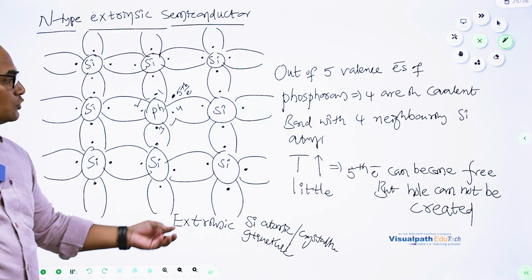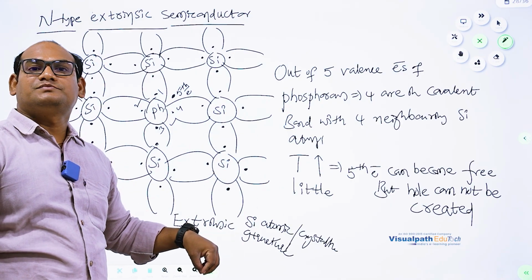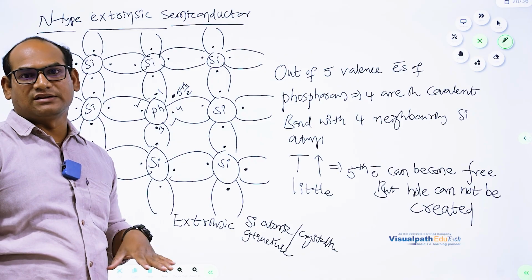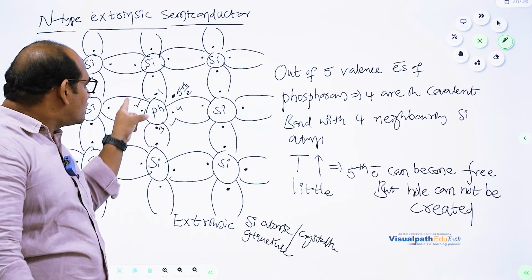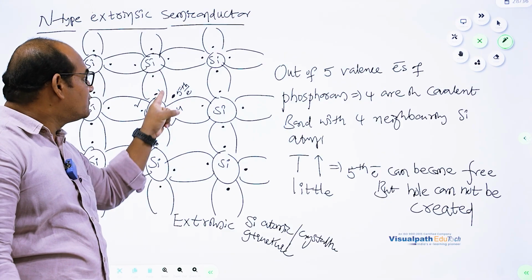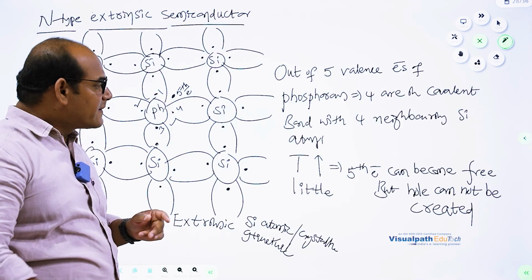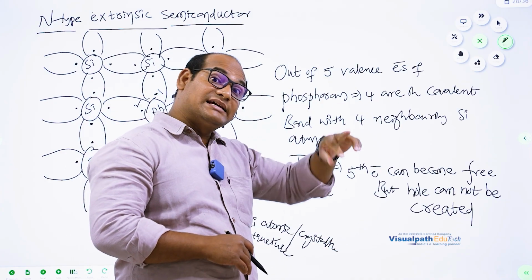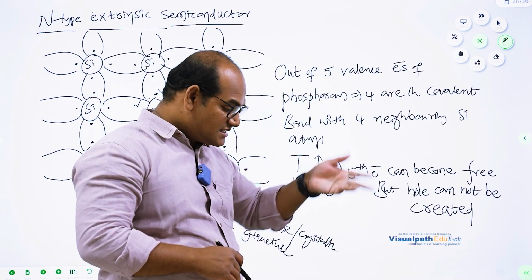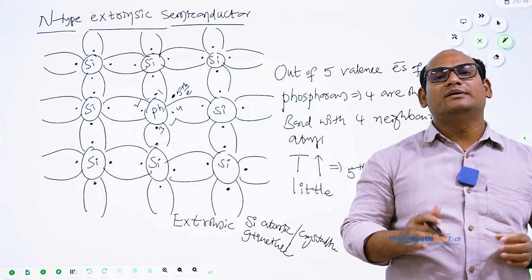Why? To create a hole, it should be from the valence band, from the covalent bond. These 4 are in the covalent bonds, but the fifth one is not. So a hole cannot be created, but a free electron is created. In an intrinsic semiconductor, the same number of holes as free electrons will be created.